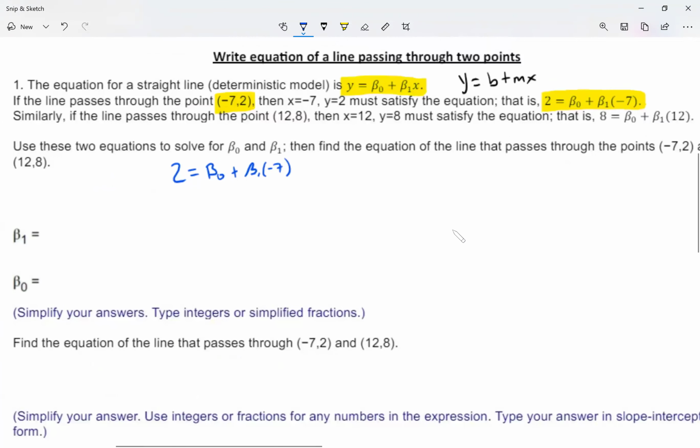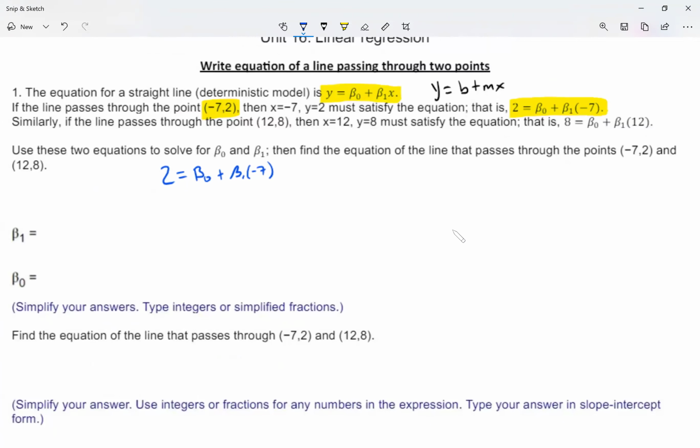But now, similarly, if the line passes through the point 12, 8, so it passes through another point, that means x equals 12. So let me highlight this right here. It goes through a different point. That means x equals 12, y is 8. Then I must satisfy the equation 8 is equal to beta 0 plus beta 1 times 12.